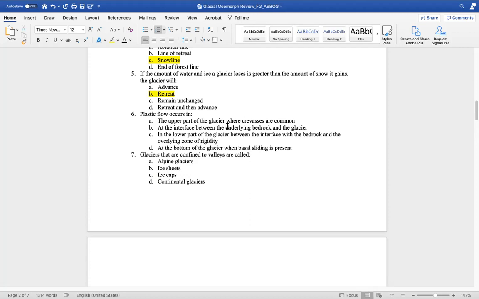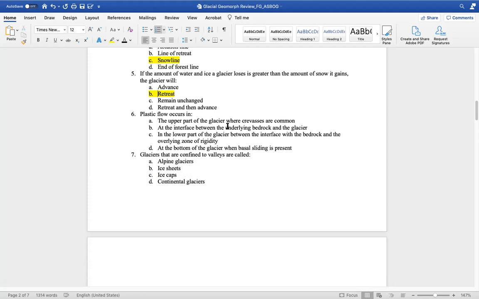But also we have to take into consideration, by definition, what is a glacier? And I know that seems kind of tangential to what this question is asking, but let's pause, because this is review, and think about what is a glacier. So a glacier is a large land mass, has to be on land, of accumulation of ice that accumulates year by year.